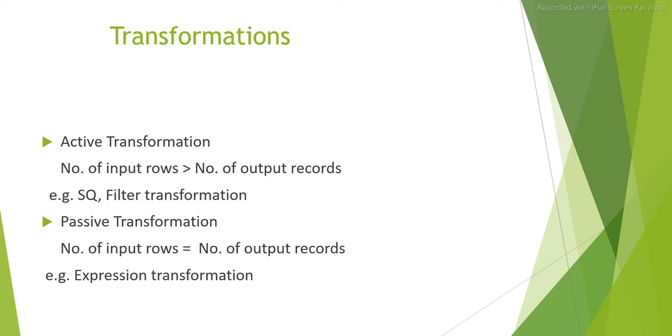It does something else, but the number of records will be the same, right? For example, there is the expression transformation, right? You would like to segregate the first name and last name into two different fields. You are using substring, but then the number of records will be the same, all right? So these are the active and passive transformations.